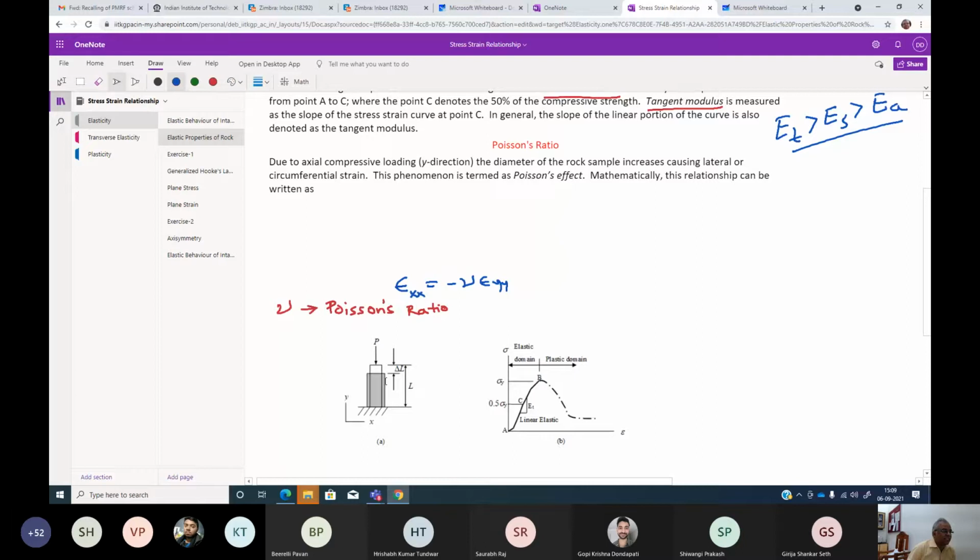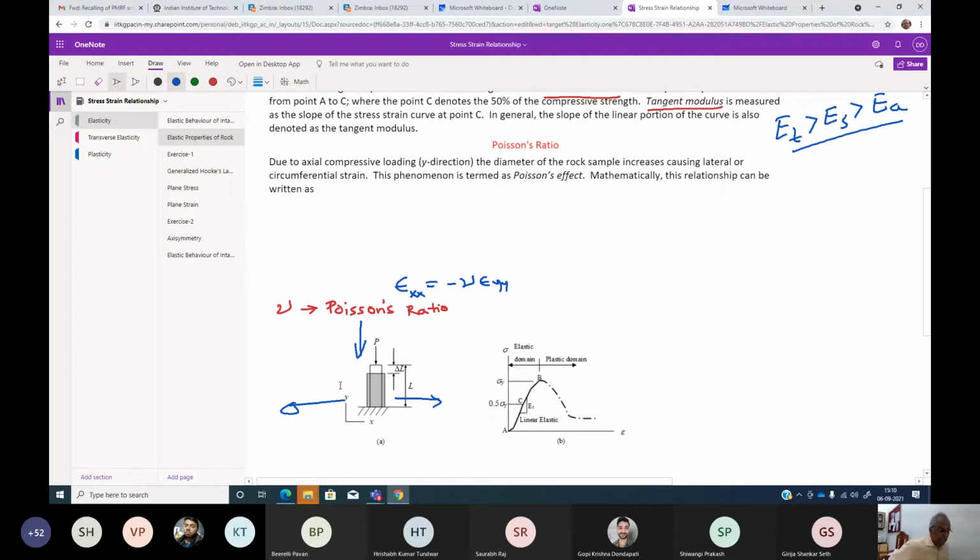It also changes laterally. When I apply a load here, this delta will be there, which we call the deformation. But in the direction perpendicular to this, it also changes. In this case, if it is a cylindrical sample, the diameter will change. Okay. So that is what we call the Poisson effect.